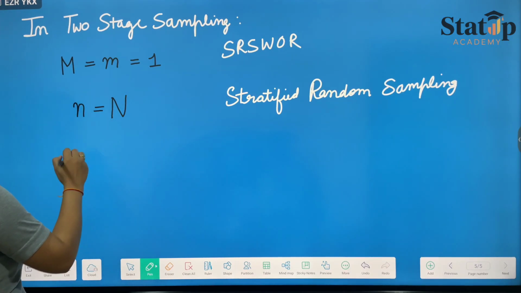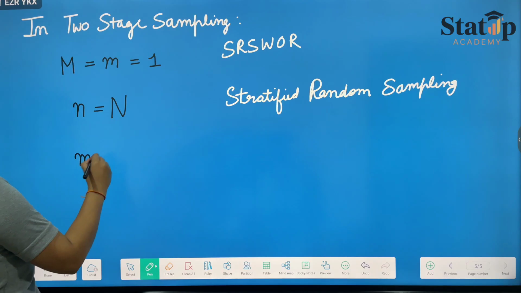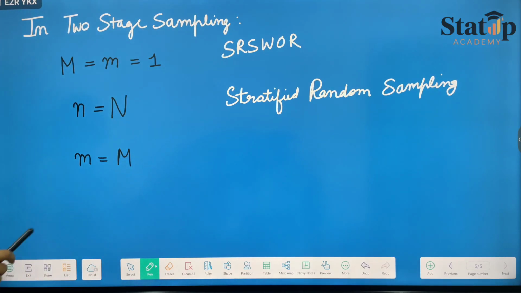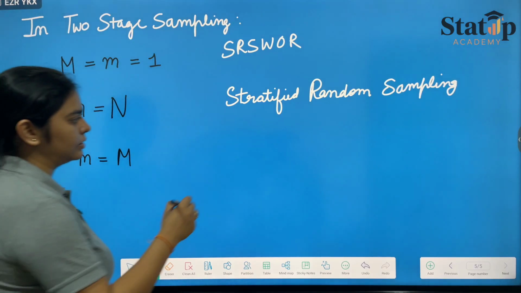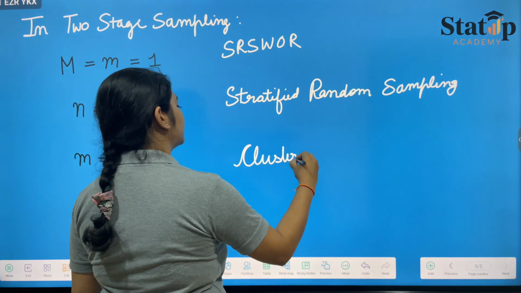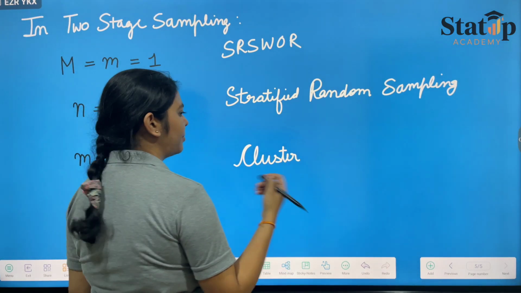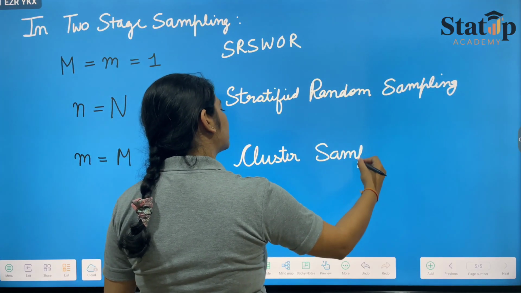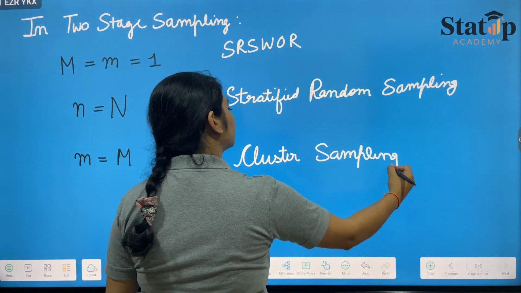And the third one is if small m is equal to capital M, not equal to 1, but they are both equal, then this case is cluster sampling. In cluster sampling we only have one stage, so capital M is equal to small m, and it reduces to cluster sampling.